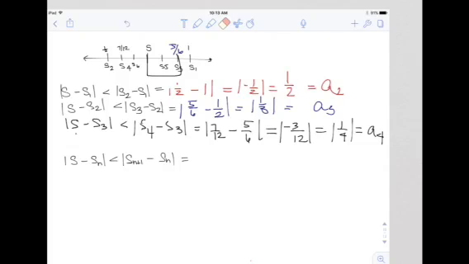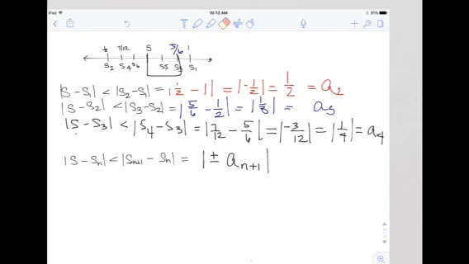So now we have this nice generalization. S minus Sn is less than Sn plus 1 minus Sn, which will actually always be equal to the absolute value of plus or minus A sub n plus 1. And again, I know it's n plus 1 because if you look at your value here, it's A2 and S1.